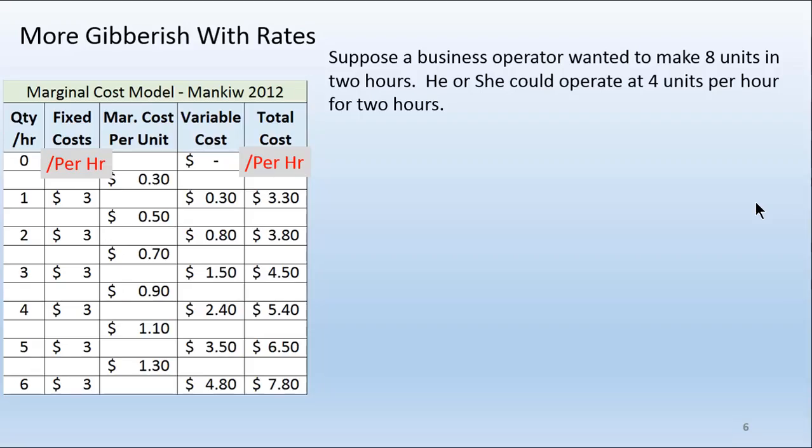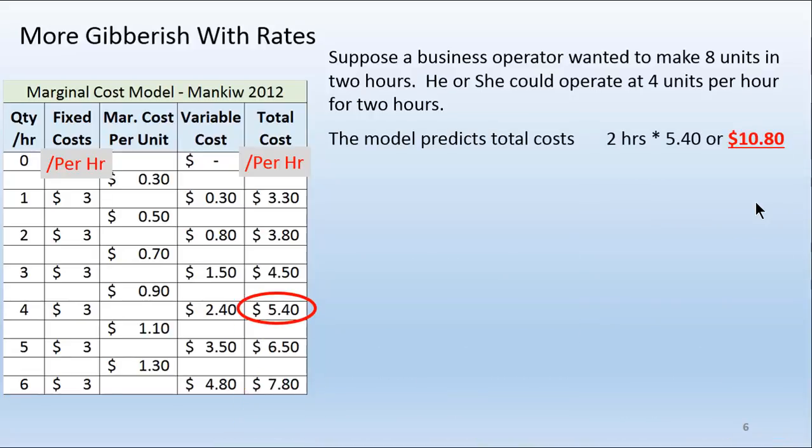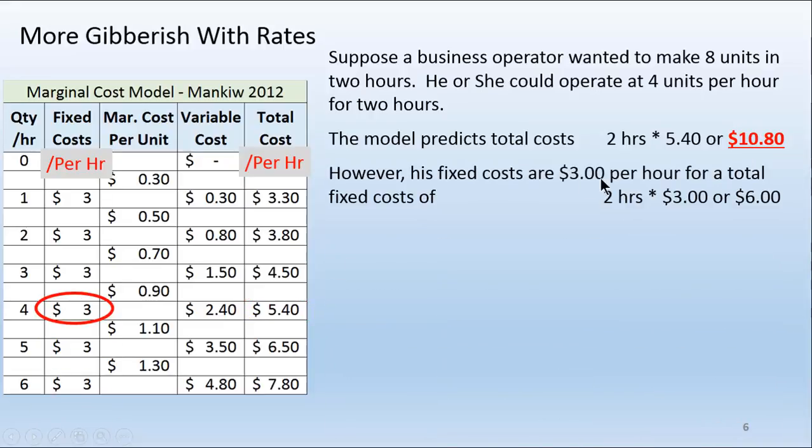And just to explore this a little bit further, suppose a business operator wanted to make 8 units in 2 hours. He or she could operate at 4 units per hour for 2 hours. Simplest way to do it. And the model would predict the cost would be $10.80. You take your $5.40 per hour, multiply by 2 hours, and get $10.80. Okay. However, the fixed costs are $3 per hour.